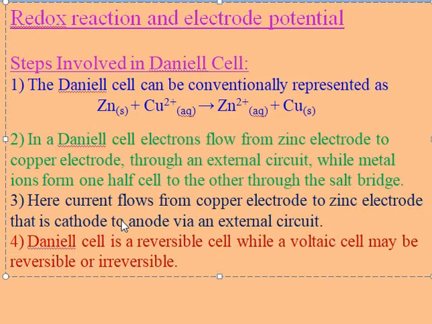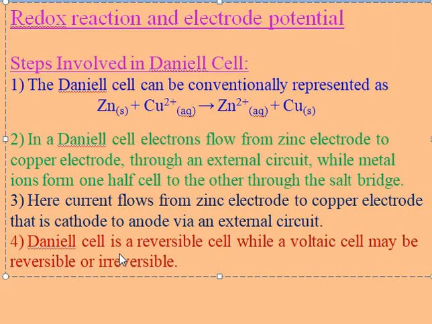Here the current flows from the copper electrode to the zinc electrode, that is, cathode to anode, via the external circuit. The Daniell cell is a reversible cell, while a voltaic cell may be reversible or irreversible.